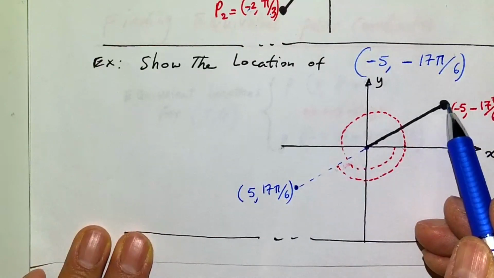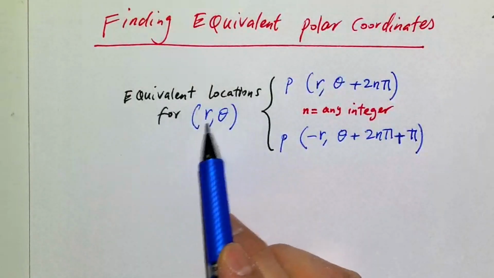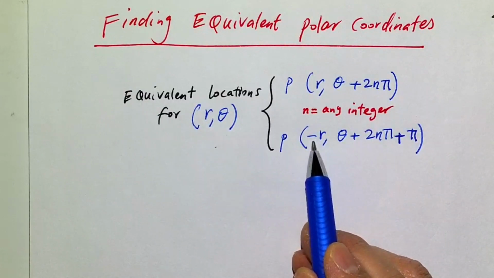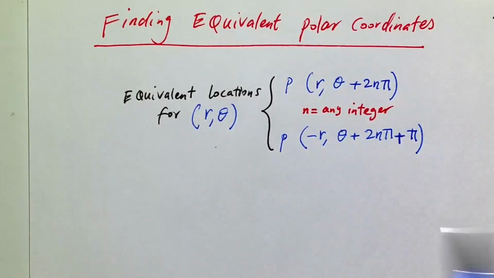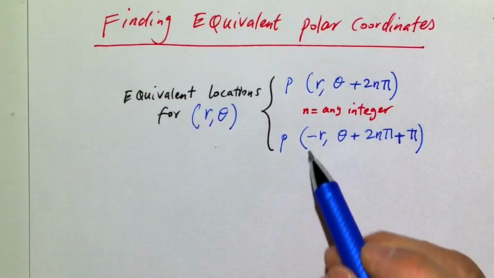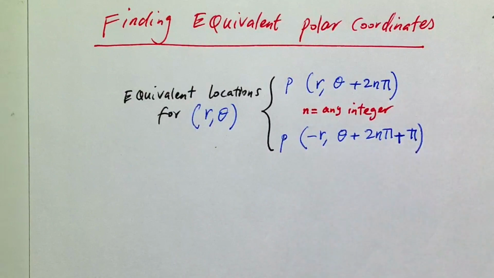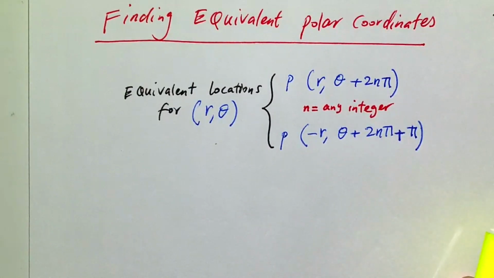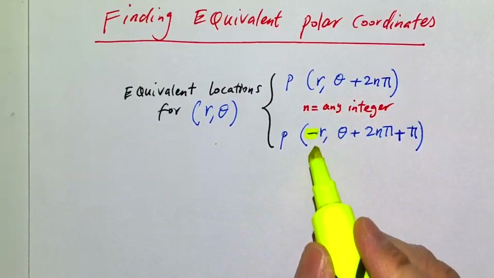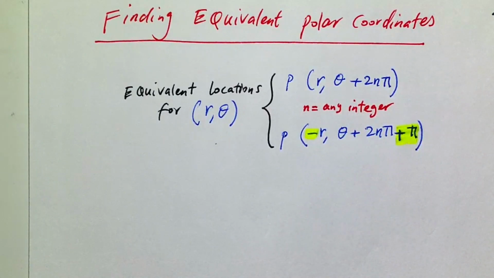It's the opposite side. So to correct that, because we're looking for equivalent locations of the same point, because r is negative, that location is off by 180 degrees. In order to bring it back to the same location, we have to add π to it. Let me highlight this negative, because it is the reason we're adding π.